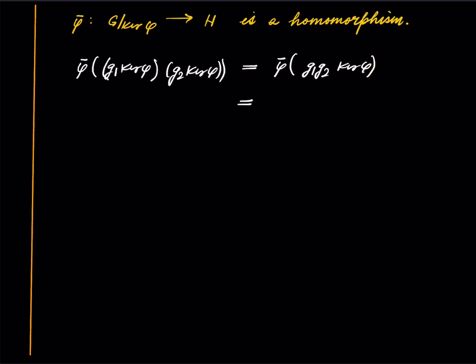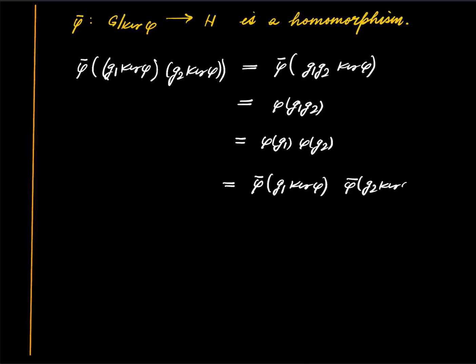This is the fiber of phi corresponding to g1 g2. So phi bar just maps it to the image of that. That's the definition of phi bar. So this is equal to phi(g1) phi(g2) by the fact that phi is a group homomorphism. But then again, the first thing is phi bar of g1 kernel phi, and the second is phi bar of g2 kernel phi. Right? And therefore, phi bar is a group homomorphism.